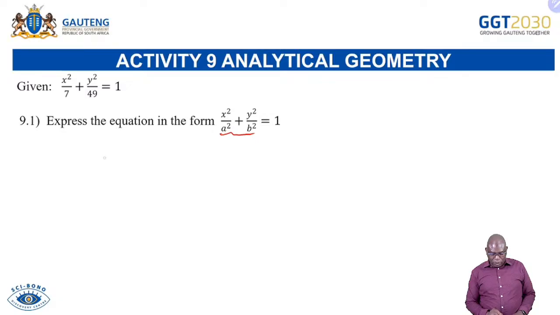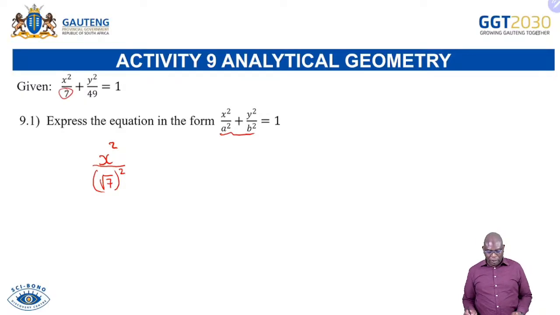So I'm going to come here and say x squared over, so what should I write here? The square root of 7 squared. Now remember, if I square a square root, I remain with the number inside the square root. So x squared over square root of 7 squared will give us that number here. With 49, it's quite easy.